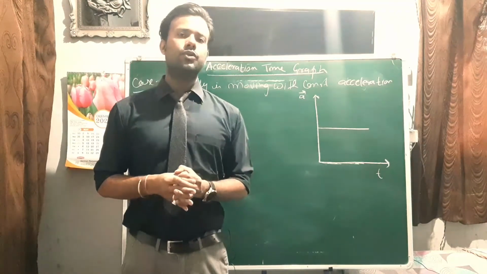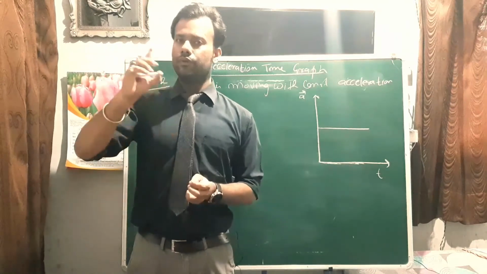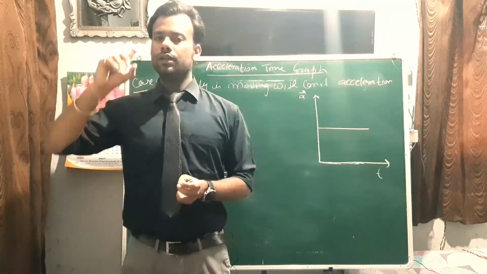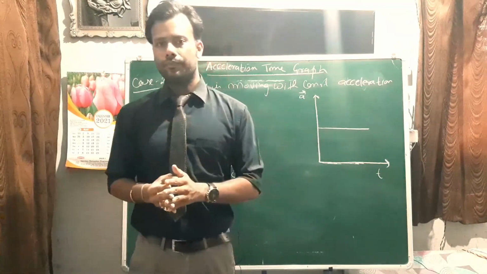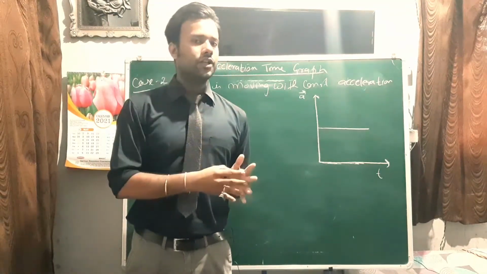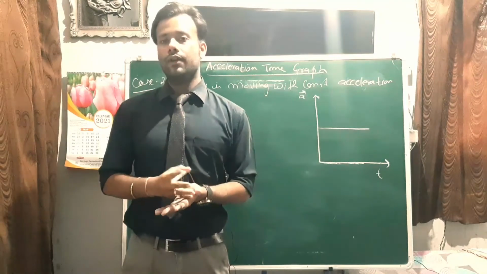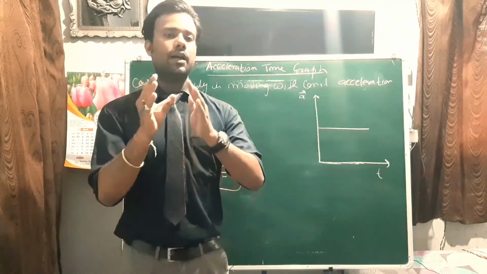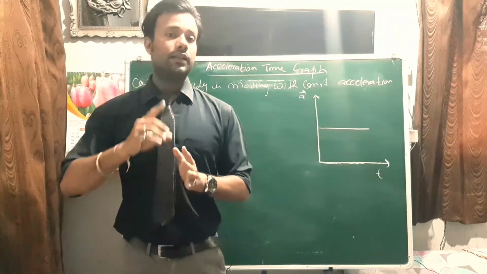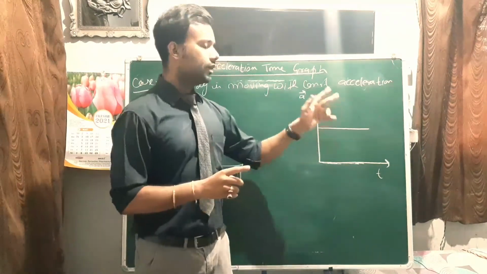So let's suppose you throw a stone from the roof. The gravitation on the stone at the roof and at the bottom will be the same. If gravitation is the same, then acceleration due to gravity will also be the same. That means the stone is acted upon by a constant acceleration, and the graph for that stone will be like this.